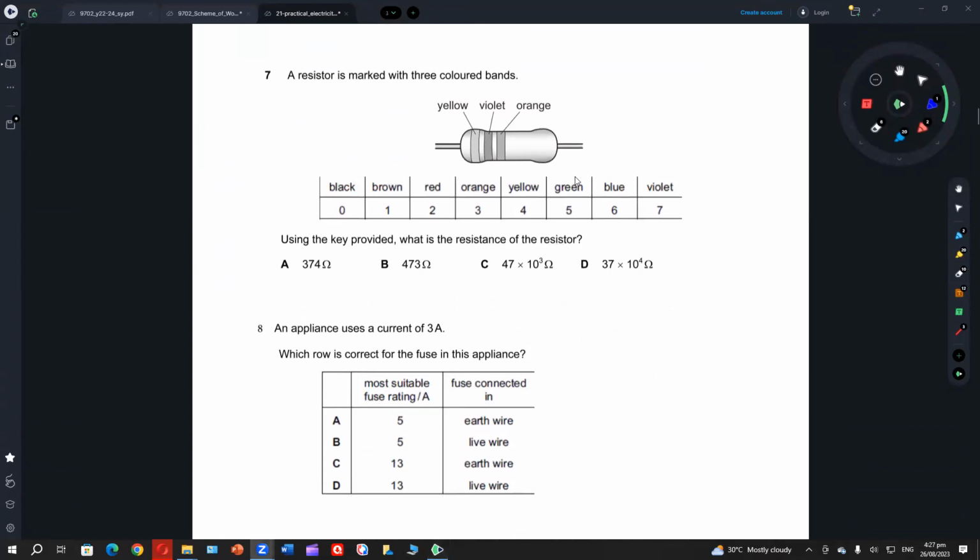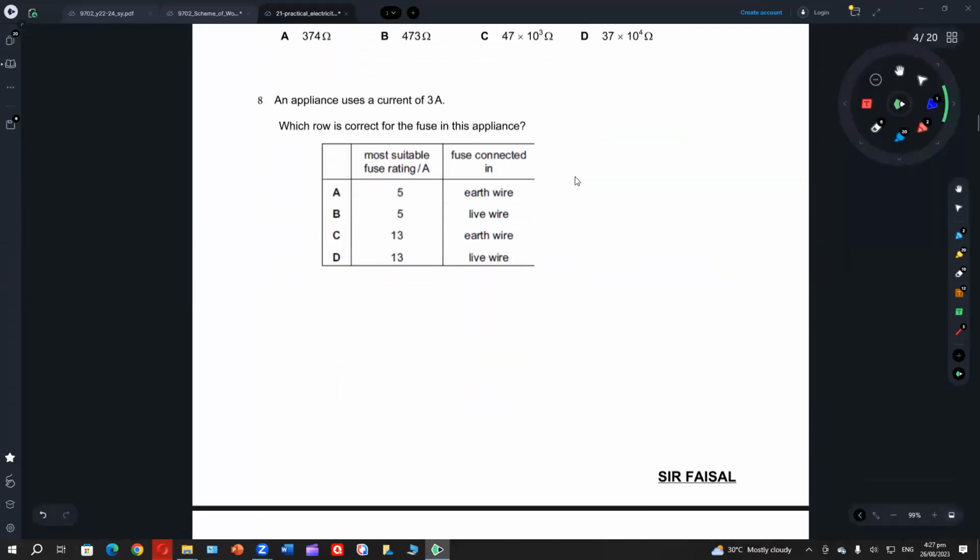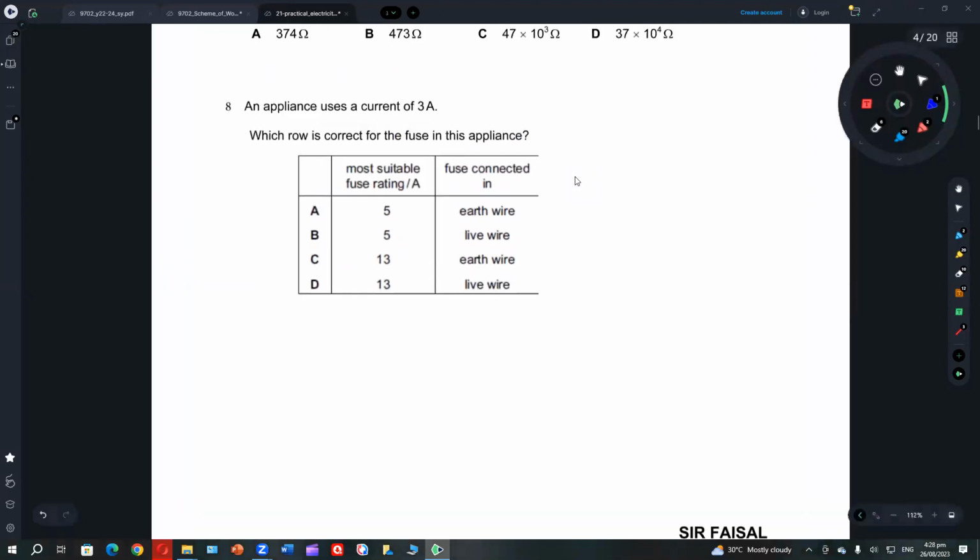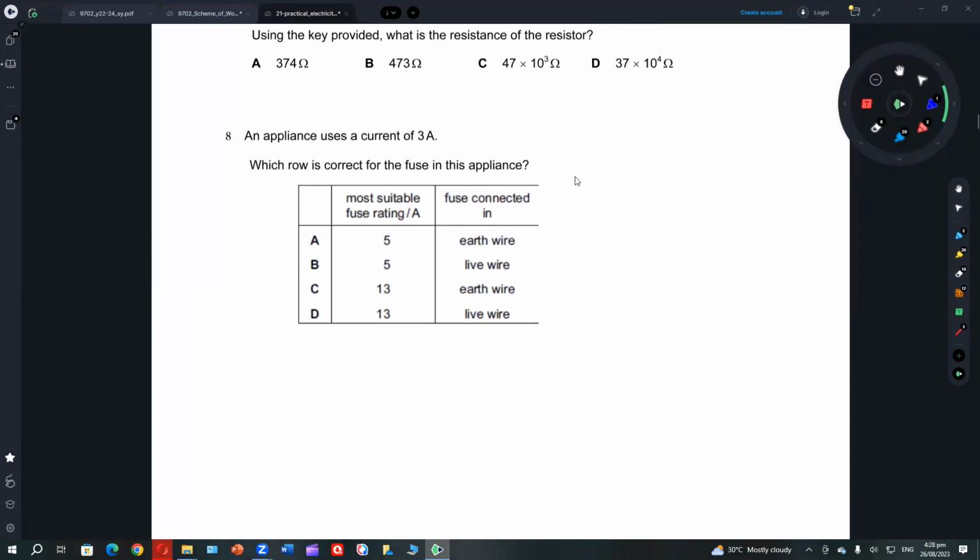Good. Now, this topic is not in course anymore, the color code one. An appliance uses a current of 3 ampere. Which row is correct for the fuse in this application? Fuse is always connected in the live wire. So the appliance itself is 3 ampere.